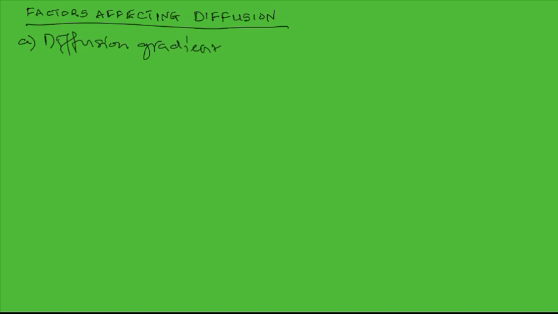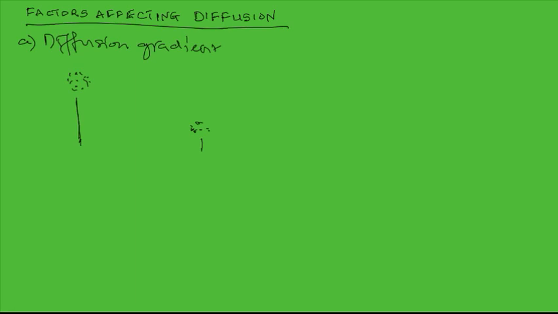As you saw earlier, diffusion gradient is the difference in concentration between two different regions. So for instance, you can have two different diffusion gradients.